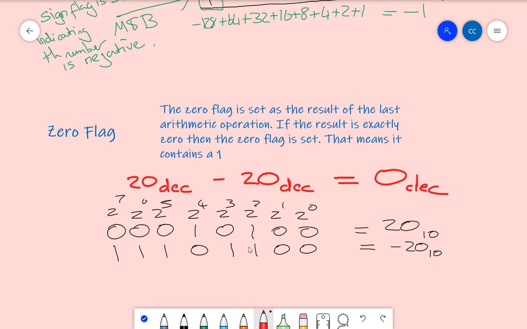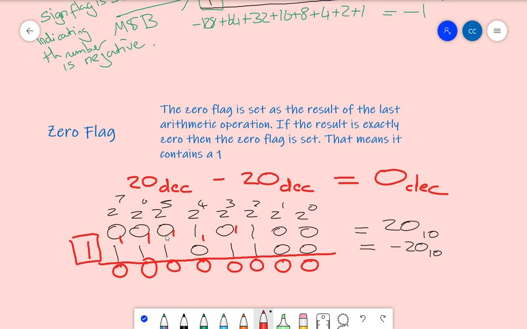So I'll use red, put a line across, and we're going to add these together. So 0 and 0 is 0, 0 and 0 is 0, 1 plus 1 is 2, put down the 0, carry the 1, 1 plus 1 is 2, 1 plus 1 is 2, and we've got a carry bit.